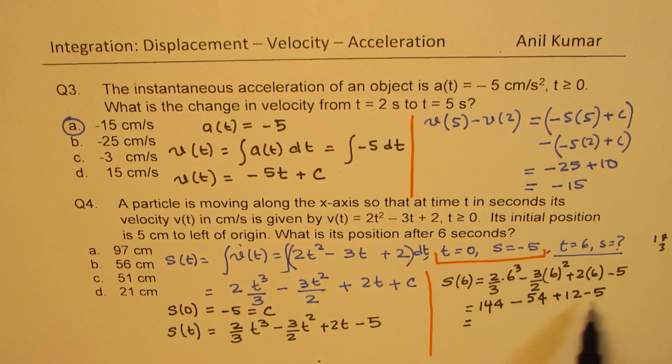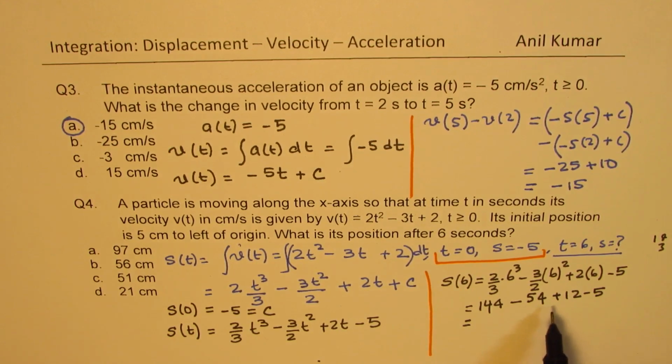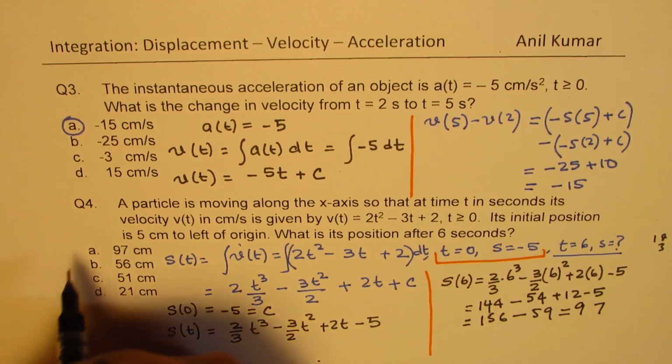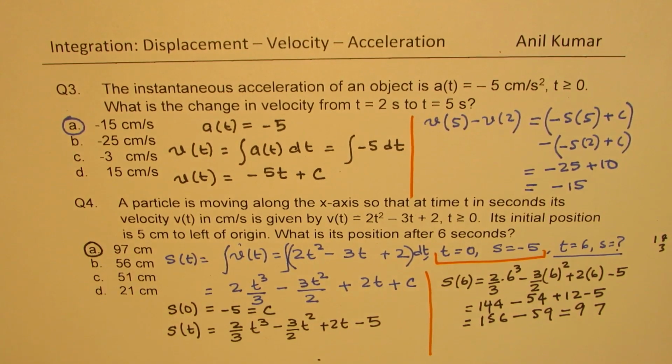We have to take away 54 and 5 from these numbers. Let's add 12 first: 156, take away 59. When you take away, you get 97. So 97 is the right answer. So 97 centimeters is the position at 6 seconds.